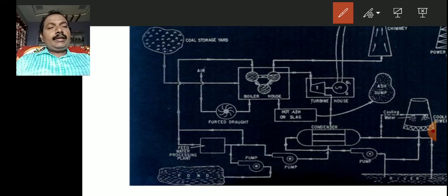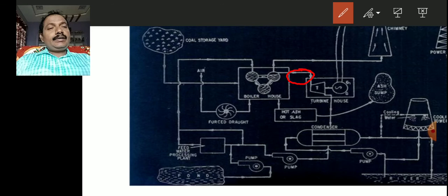Generally the superheater is placed in this section. The steam will be superheated by this superheater before it reaches the turbine. So that is the place of the superheater.